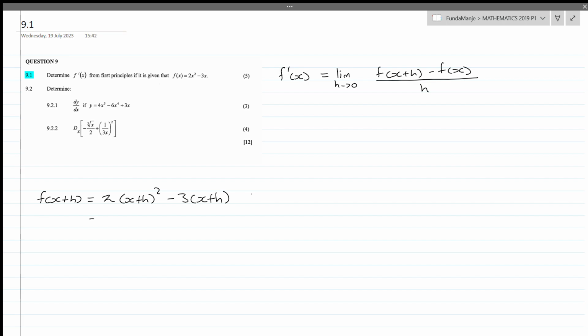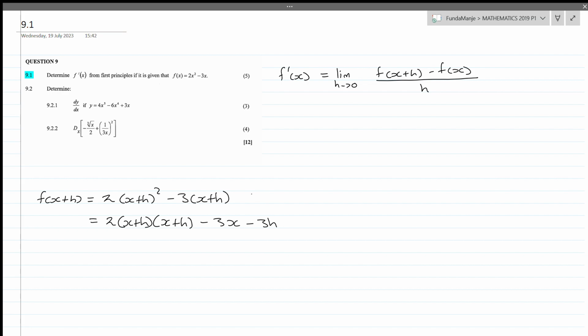Then I'll simplify this. 2 multiplied by this x plus h squared. Now you can expand this to give you x plus h, and on this one we can multiply out to get minus 3x minus 3h.